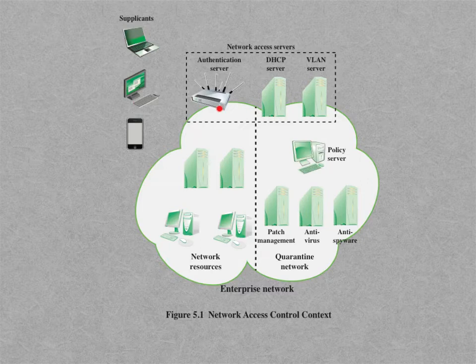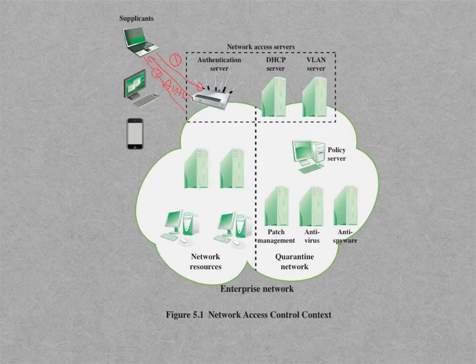But this authentication requires the engagement of some back-end servers. So you want to first connect to the physical network through this access point. The access point will tell you, okay, you need to authenticate.